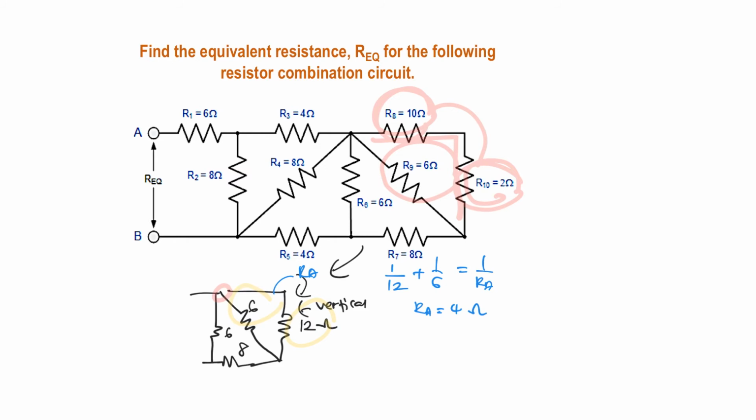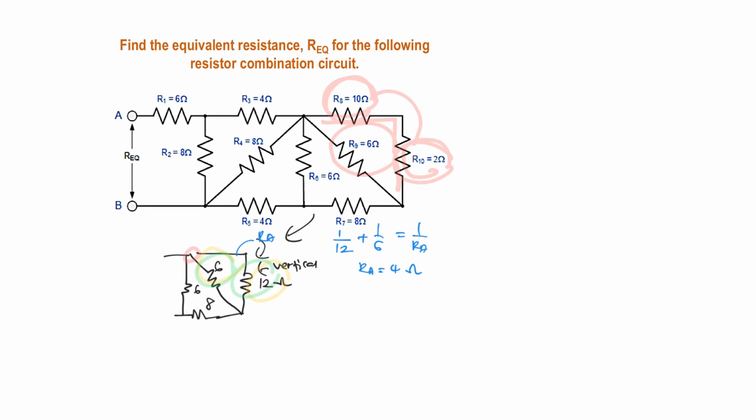The combination of these two, like I mentioned before, needs to be in the vertical position. So once I combine 6 and 12, I'm going to get this kind of shape. This is 4 ohms, the combination of 6 and 12, and this is 6 ohm, and this is 8 ohm, and this is 6 ohm.